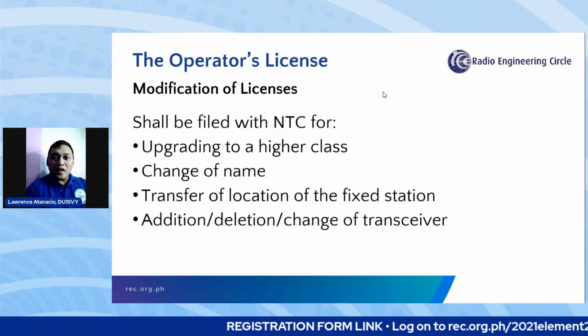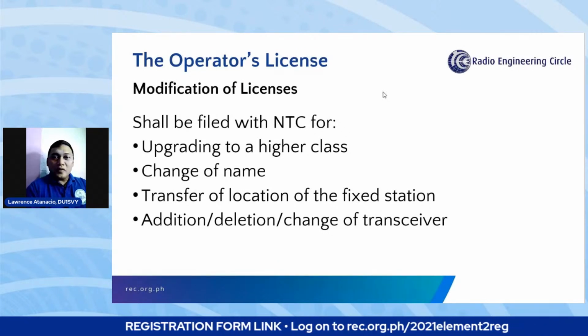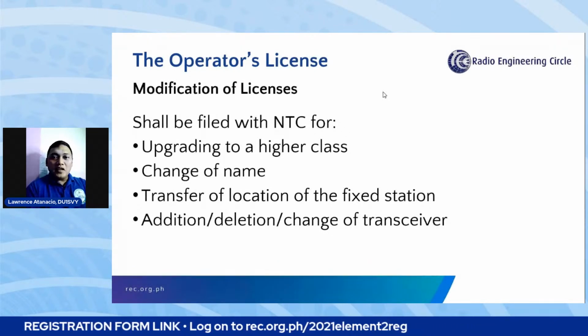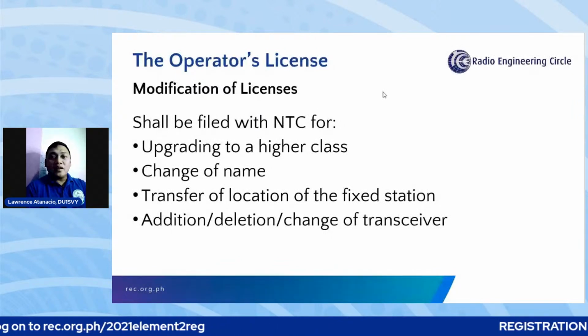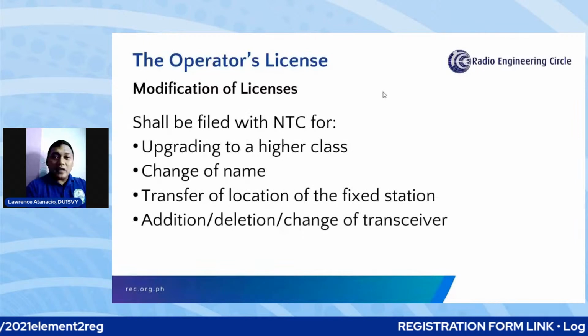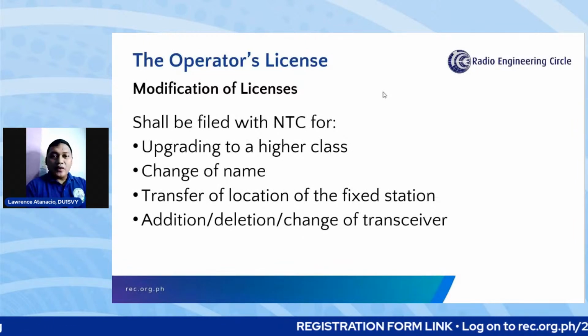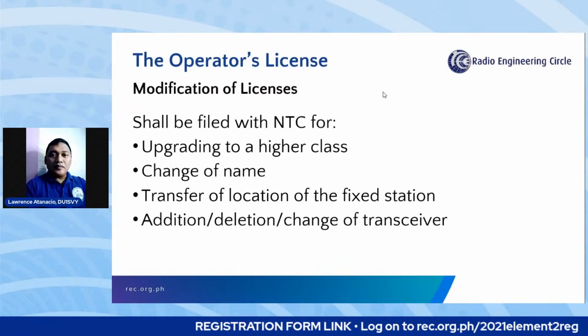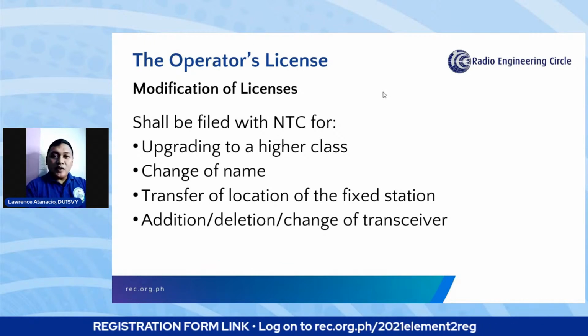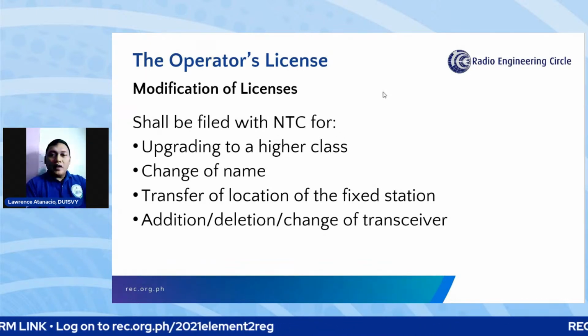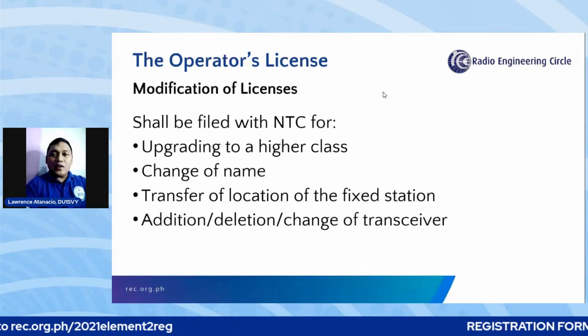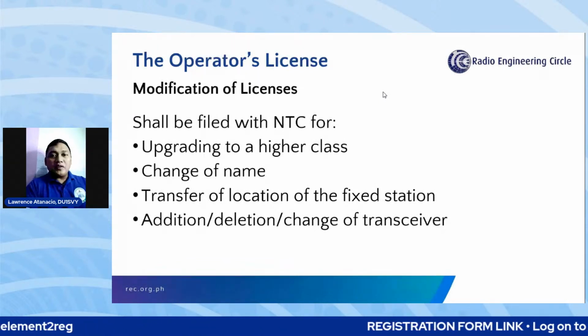Okay, modification of licenses. Ano daw yan? Should be filed with NTC for grading for a higher class. For example, nag-upgrade ka from Class C to Class B. Or change of name, transfer of location of the fixed station, addition, deletion, or change of transceiver.